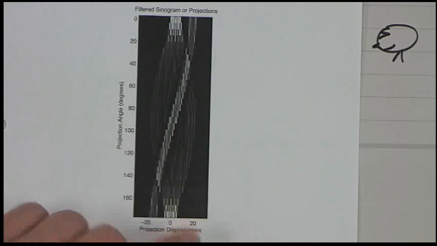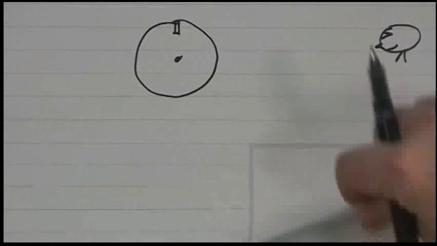Now for each projection angle, you're going to take that function and back project it, and you're going to add the back projections from each projection angle. So you're going to add the filtered back projections. That's why it's called the filtered back projection algorithm.